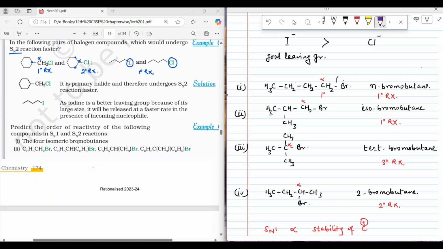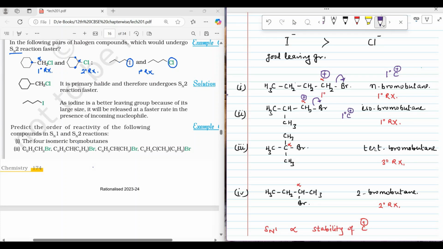When this bromine leaves the molecule in the form of Br negative ion, positive charge will develop at the alpha position, and this will be a primary carbocation. This primary carbocation will get stabilized by the plus I effect of the propyl group. In the second isomer, when this Br leaves as Br negative ion, positive charge will develop at the alpha position, and this is again a primary carbocation.